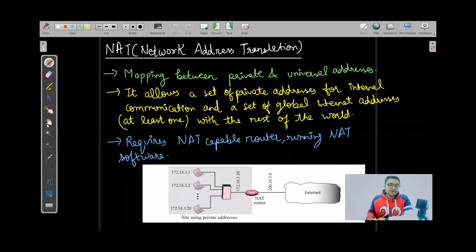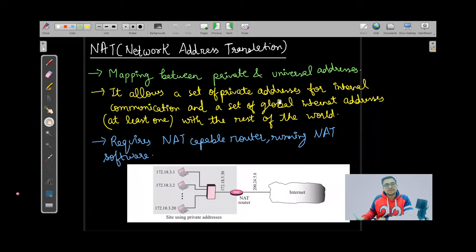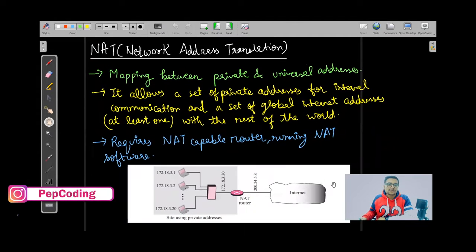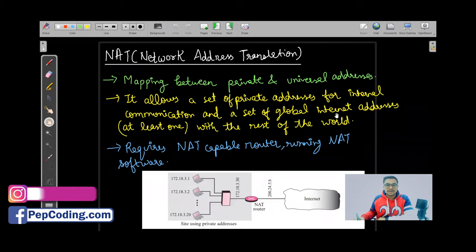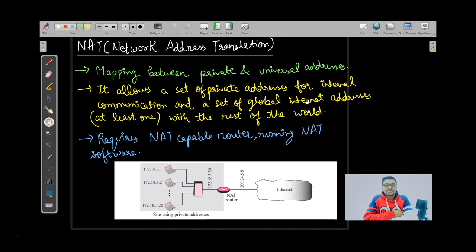Before we move in and talk about NAT, I would like to address one problem. Let's suppose we ask our ISP, which is Internet Service Provider, for IP addresses, and it provides us a small range, maybe 5 or 10 IP addresses. But later on, we realize that we want some more IP addresses.